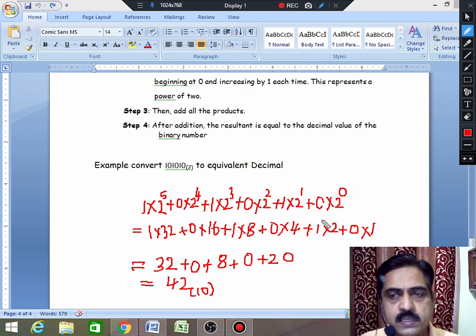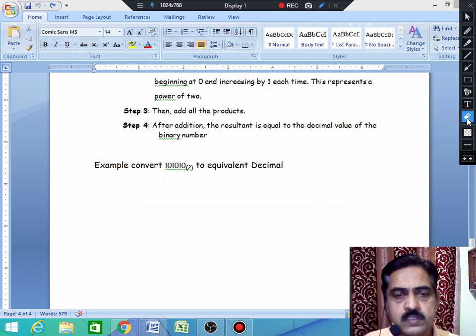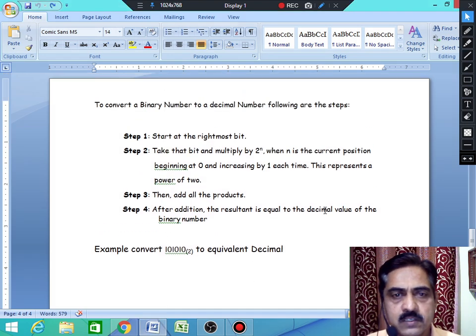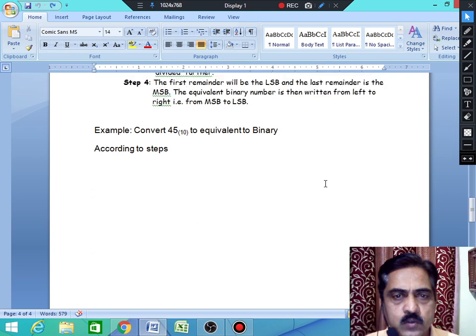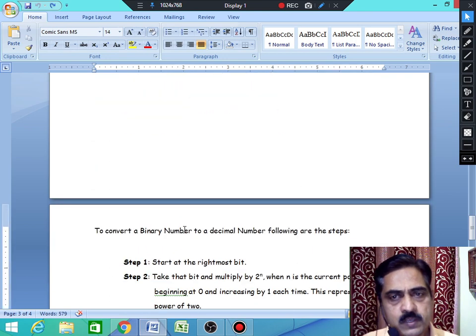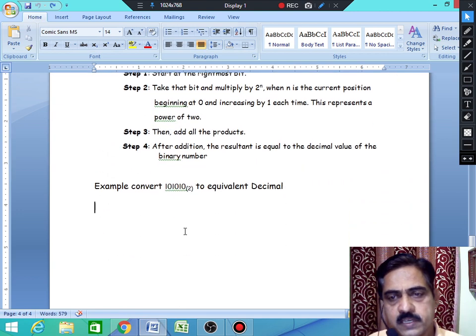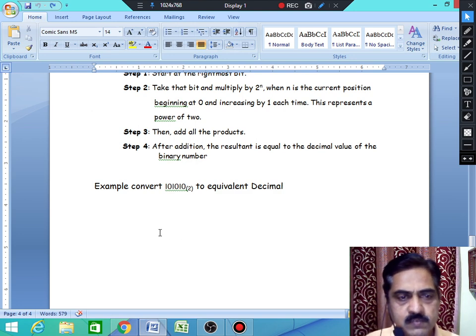So okay, this you know. Now I will remove this one. Now in this one, let us go back. Let us try whether we get the same binary number back.